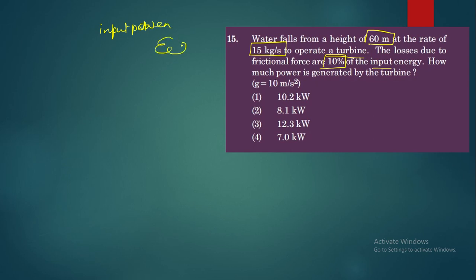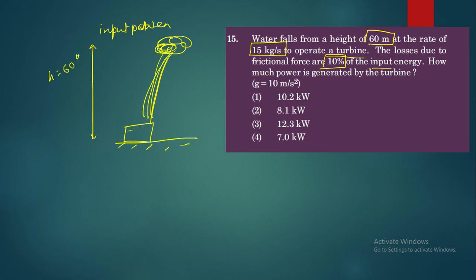Let's say this is the amount of water which is falling, and let's say this is the turbine. So when water falls, first of all it will carry some amount of power. At a height of 60 meter, the amount of power that it generates is the energy divided by time.